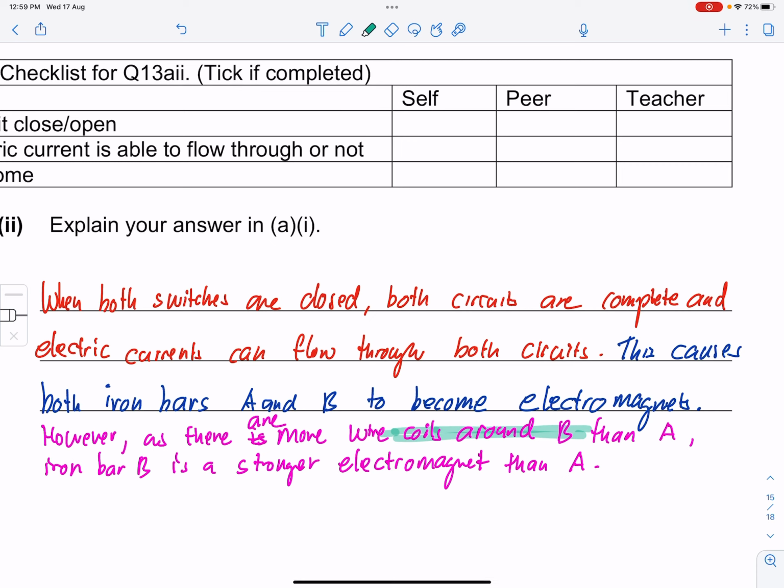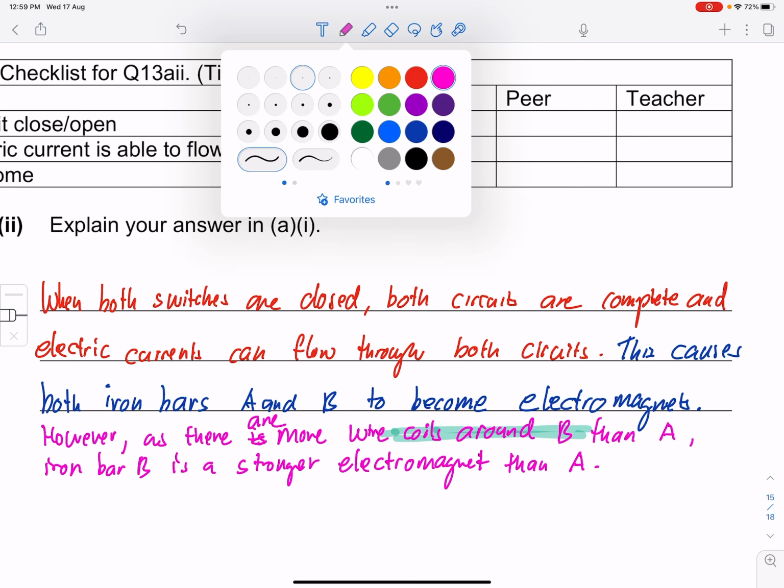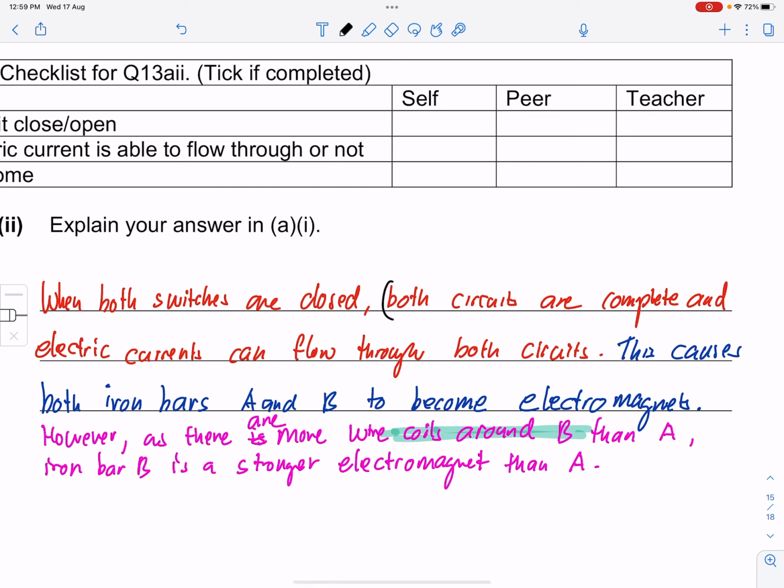You cannot just say more coils. You must say more coils around the iron bar. Iron bar what? Depends on the question. But this is very, very important. Okay? So I'm going to mark up for you. So this would be your C. This would be your E. And this would be your O. C, E, O. Okay, moving on.